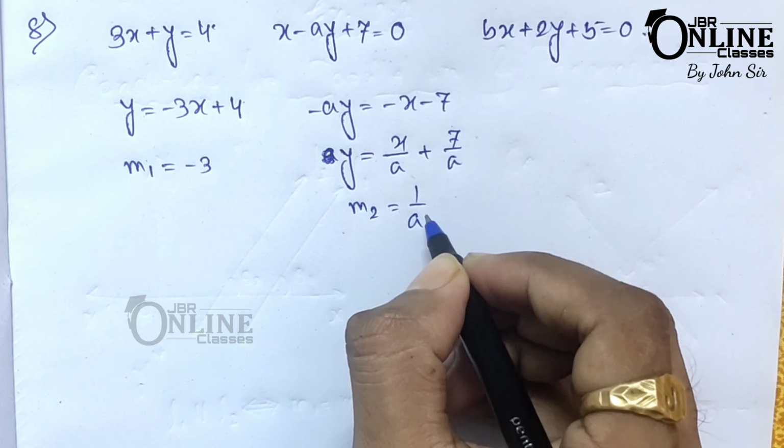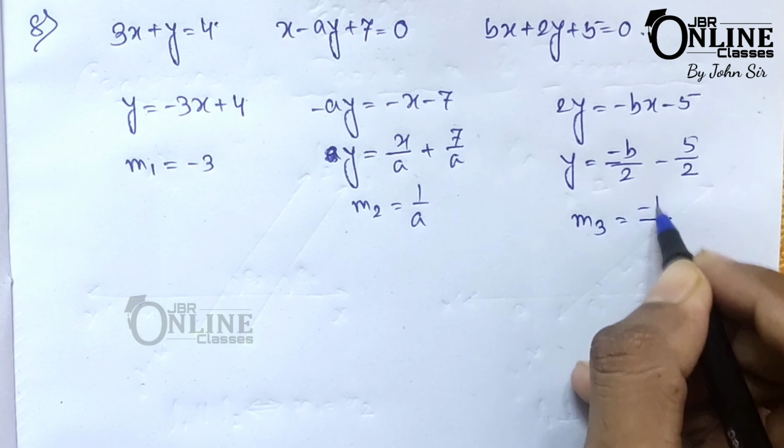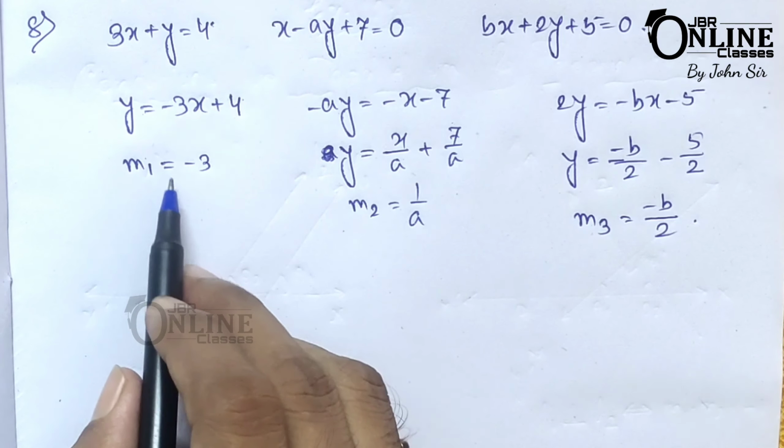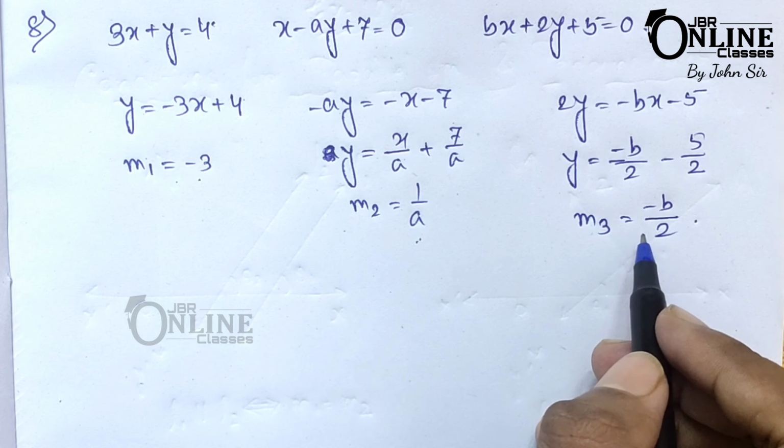And the third one, bx + 2y, so 2y = -bx - 5, so y = -b/2 x - 5/2, that means here m3 = -b/2. So first one -3, second one 1/a, third one -b/2.